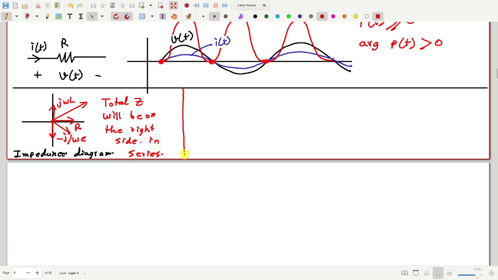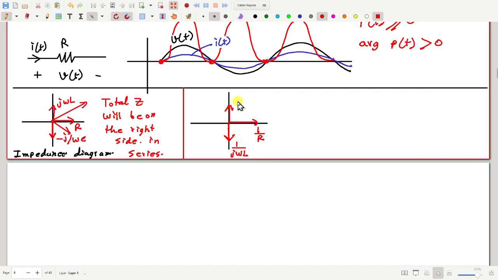Now, if you consider them in parallel, then we will first take the corresponding admittances and then add. Suppose this is 1 by R. Then here we will have 1 by j omega L, the admittance corresponding to an inductor.